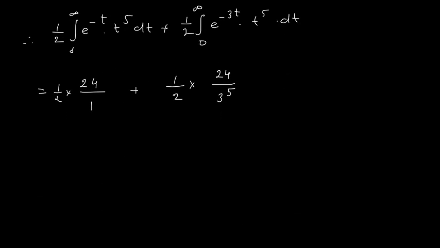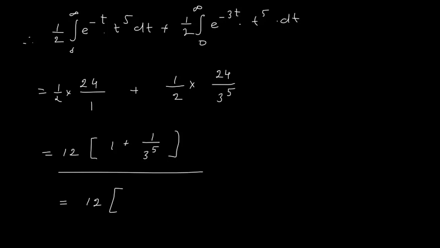So 24 divided by 2 means 12, we will take out, and here it is 1 plus 1 upon 3 power 5. This is the final answer, which is 12 into (3 power 5 plus 1) upon whole divided by 3 power 5.